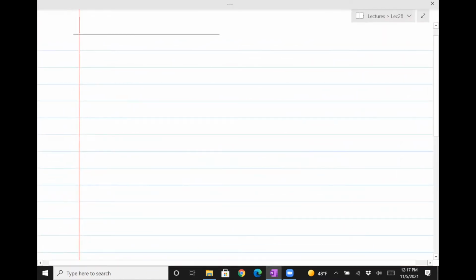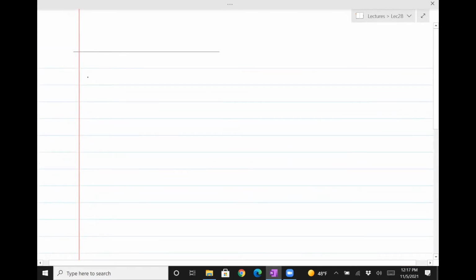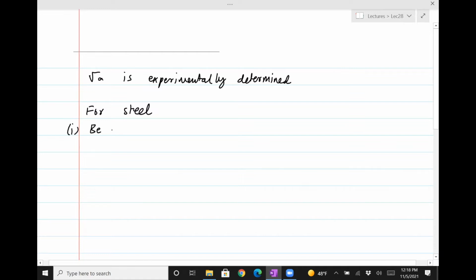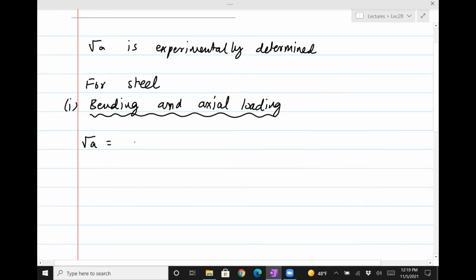Square root of a is experimentally determined. It can also be found from the curve fit, but for steel, the first case is bending and axial loading.